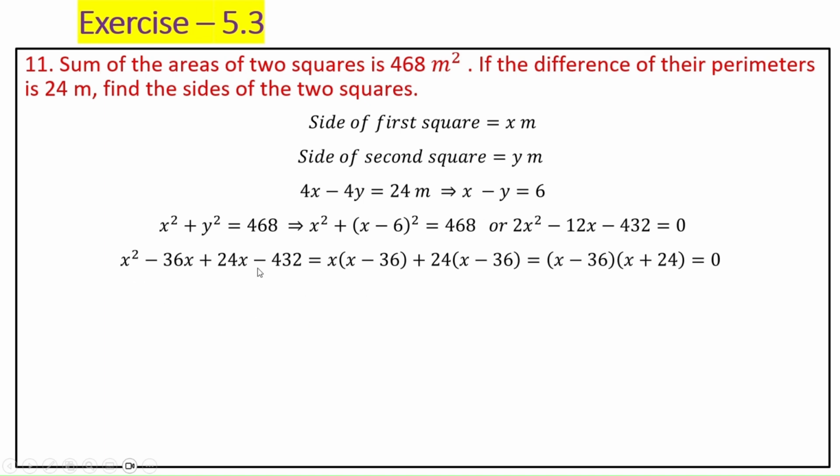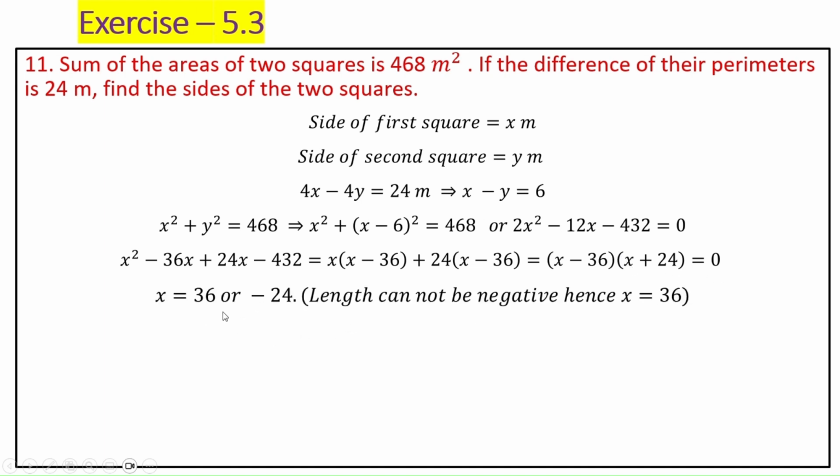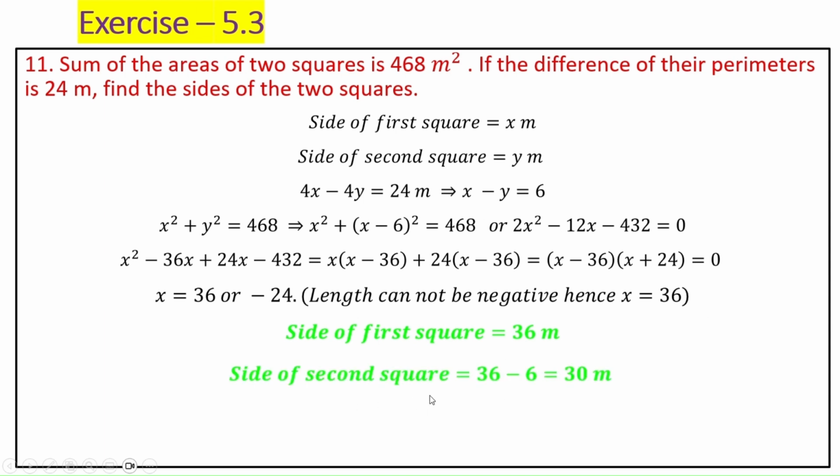So you will get (x - 36) and (x + 24) as factors. That means x is equal to 36 or -24. Length cannot be negative, hence x equals 36. So the side of the first square is 36 meters, and the side of the second square is 36 minus 6, that is 30 meters.